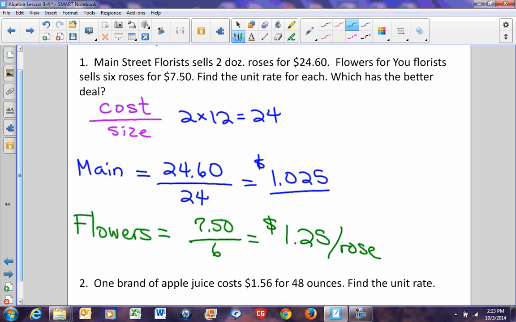I should have labeled it per rose. So we found the unit rate for each, and obviously whichever one is the cheapest is going to have the better deal, and Main Street florist has the better deal. Because it's cheaper to buy their roses. Hopefully the roses are of the same quality.